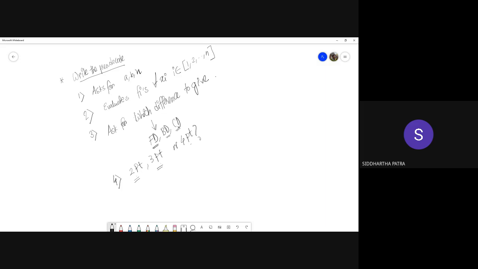In the end it prints the x values, the f values, and the f prime values, and wherever it cannot evaluate, for example in the 2-point central difference method, it cannot evaluate at the first and last points, at 1 and n.